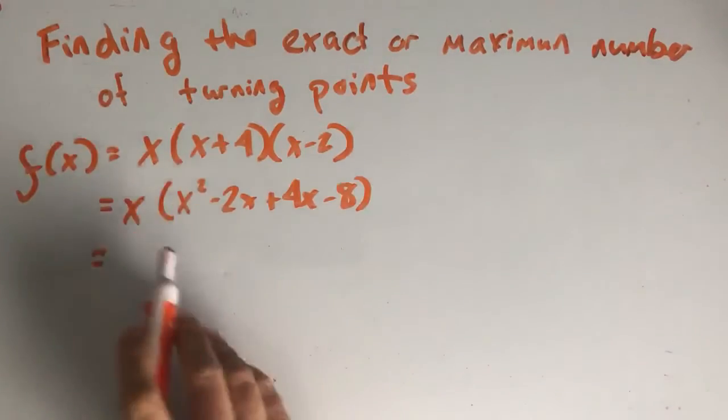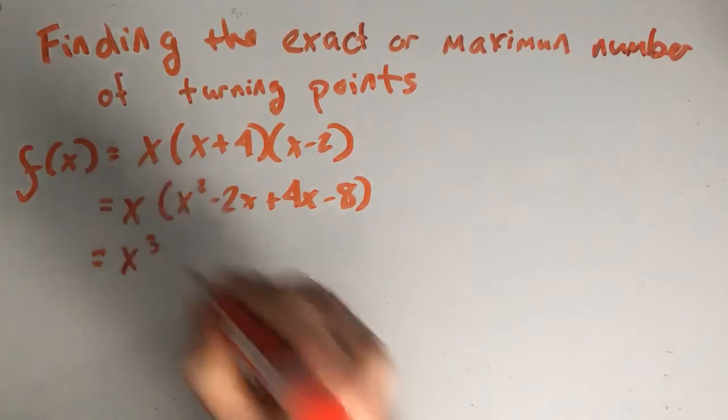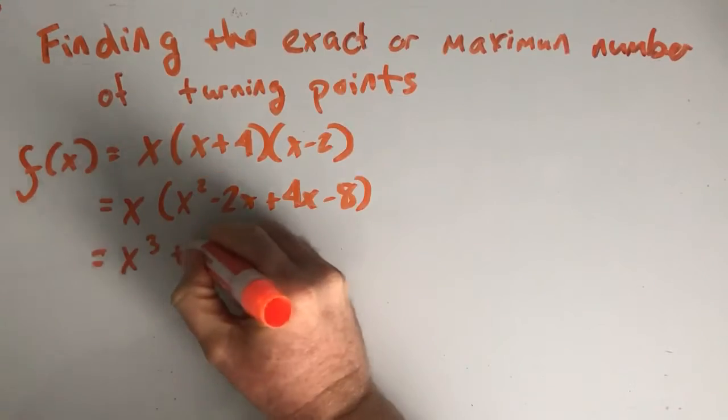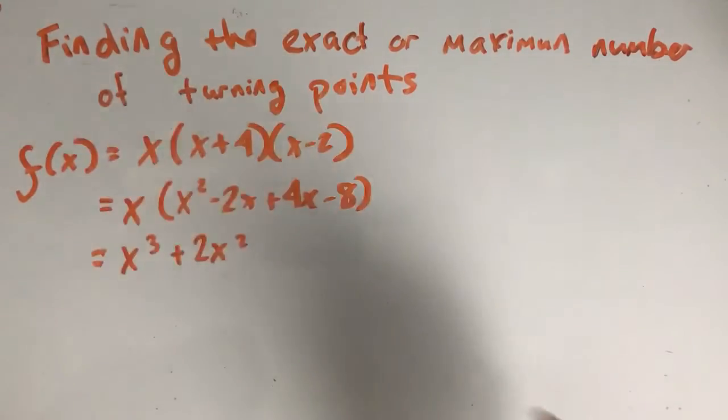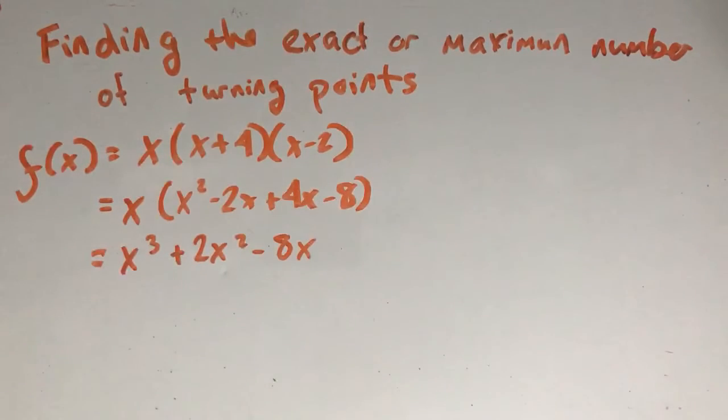I'm going to simplify this while multiplying everything by x, so I have x to the third, okay, and then plus 2x squared minus 8x. All right, so now I can see what n is.